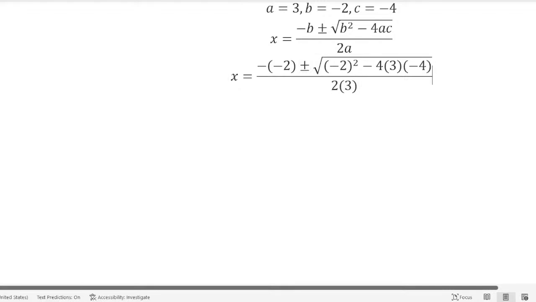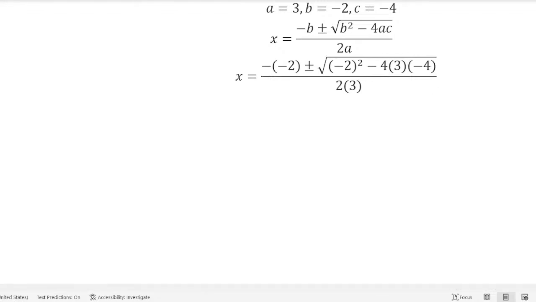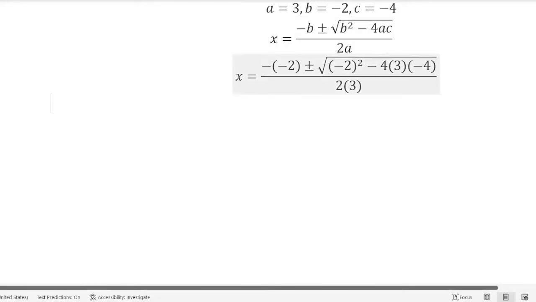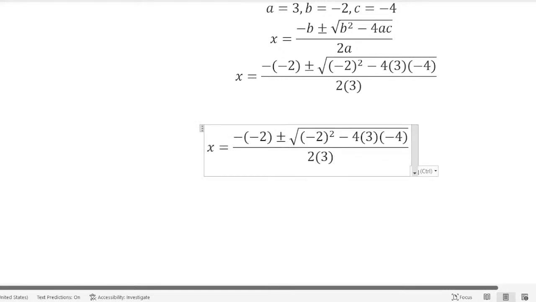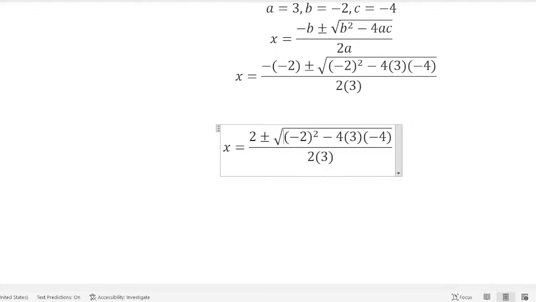So we're gonna have two possible values of x. Here it's gonna be 2. A negative multiplied by negative is a positive, so here we'll be left with 2 plus minus -2 squared is gonna be 4.